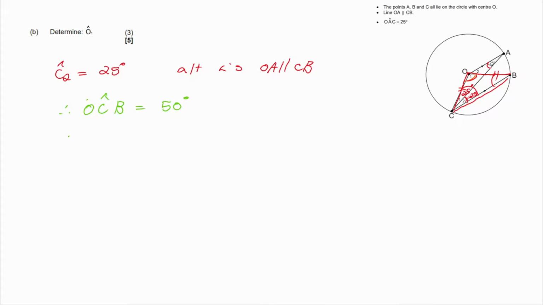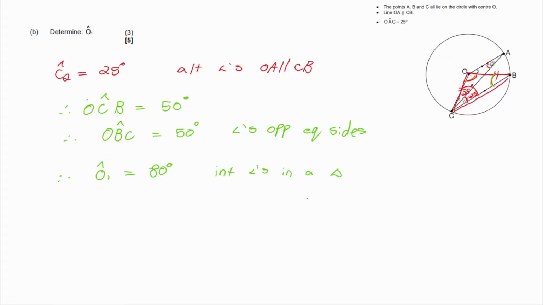And then we can say, well, therefore OBC, this angle over here, is 50 degrees because of angles opposite equal sides. I guess you could also say radii here again. Memo says, yeah, you can give either of those reasons. And then we can say, well, therefore, O1 is equal to 80 degrees because of interior angles of a triangle.